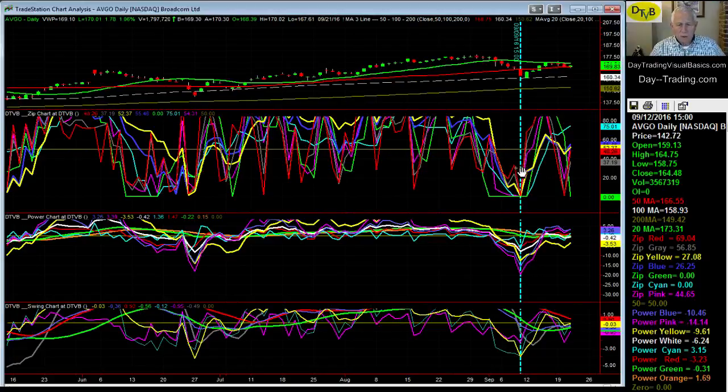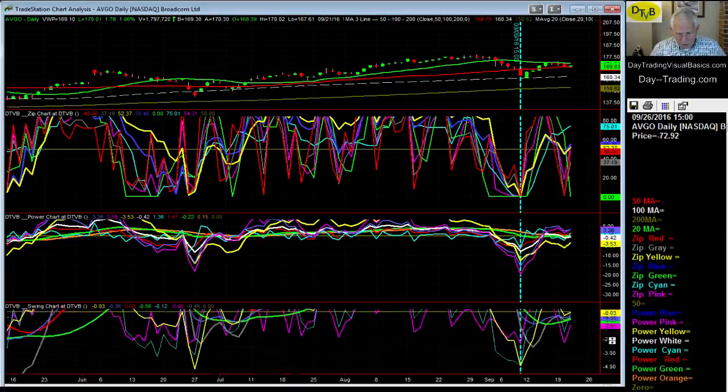We've got some TOC lower patterns in the zip chart. We have some bottlenose down patterns in the power chart. Both of those patterns are up next day patterns, up price next day patterns.